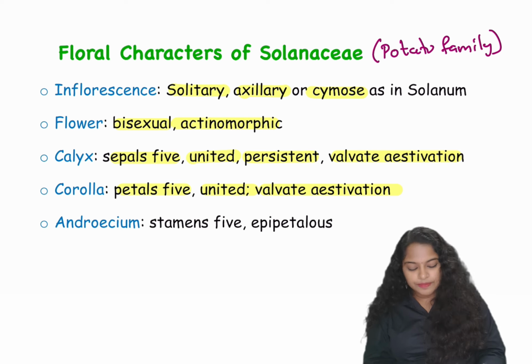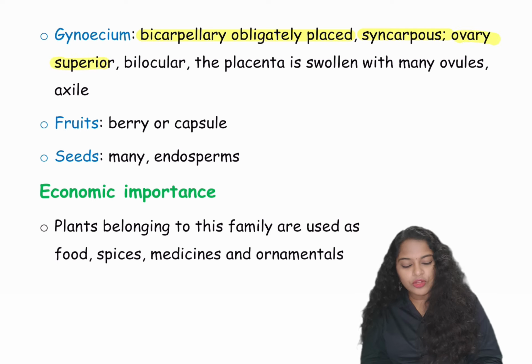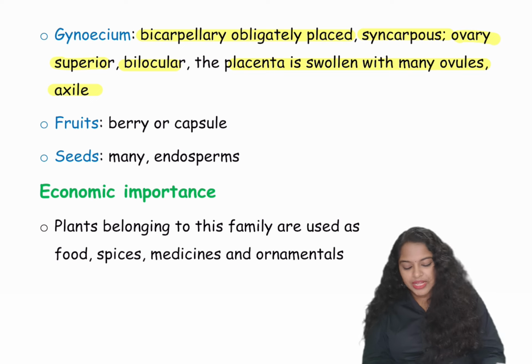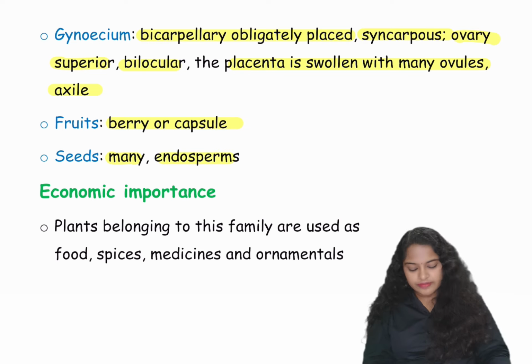Coming to androecium, 5 stamens are present that are epipetalous. The gynoecium is bicarpellary, obliquely placed, syncarpous, ovary is superior, bilocular and the placenta is swollen with many ovules. The fruit is a berry or capsule, with many seeds and endosperm present. Economic importance of this family: it is used as food, spices, medicines and ornamental plants.